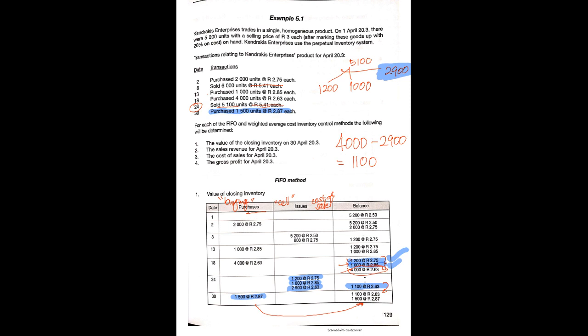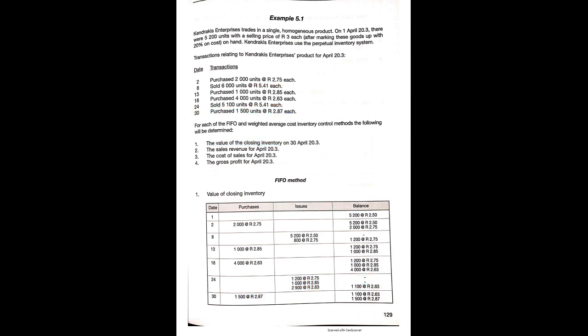So the first question said determine the value of your closing inventory. To determine the value of your closing inventory, all you're going to do is look at the last block in your balance column, and that's your closing balance.